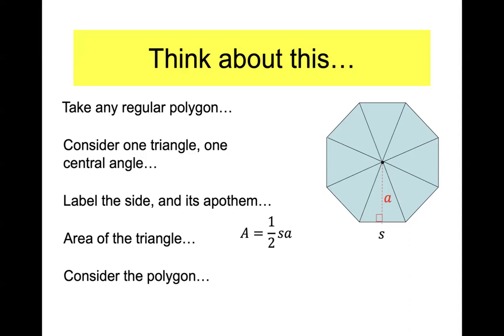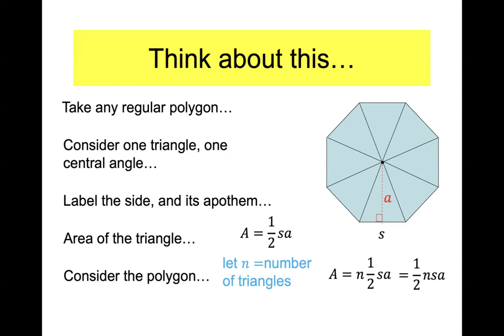So all I need to do, since that is the area of one of those triangles, 1/2 SA, is let n represent how many triangles there are, then take the area of one of those triangles, the 1/2 SA, and multiply it by n, because that's how many triangles there are. That's going to give me the entire area. So let's put the 1/2 first: 1/2 NSA.